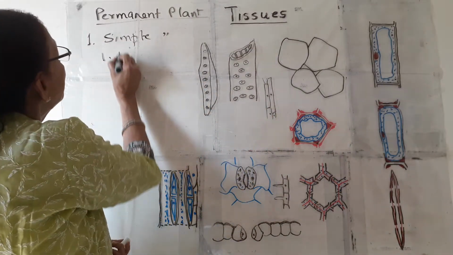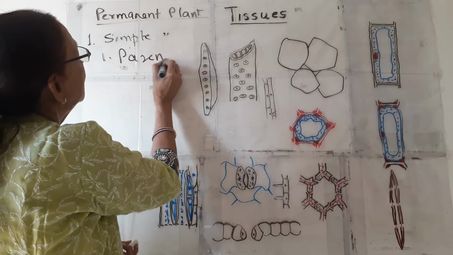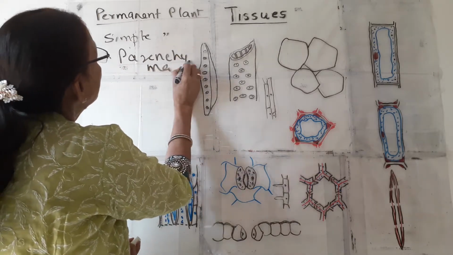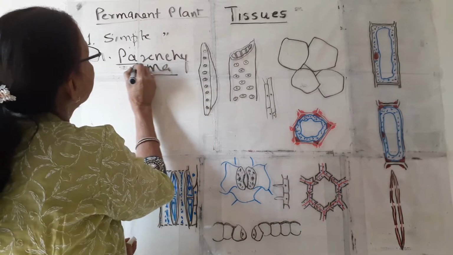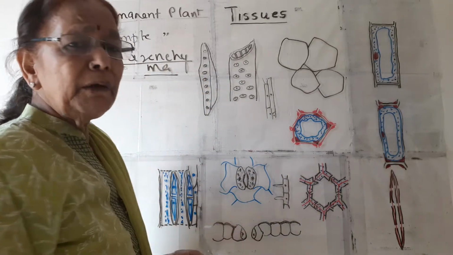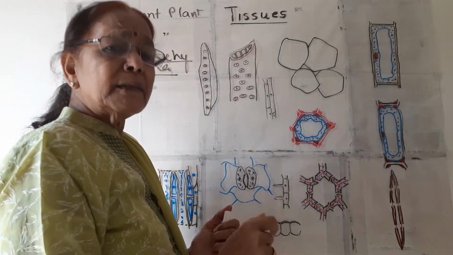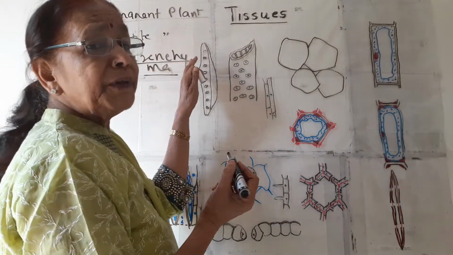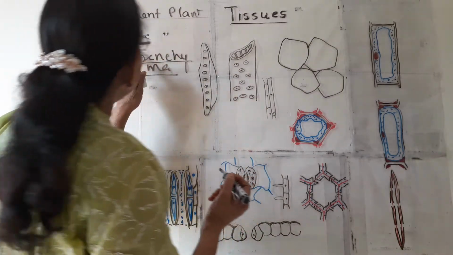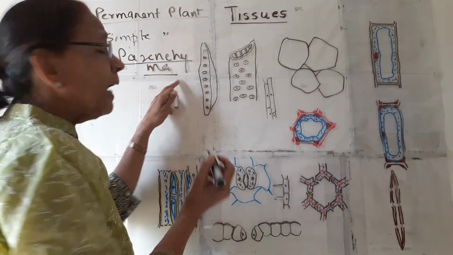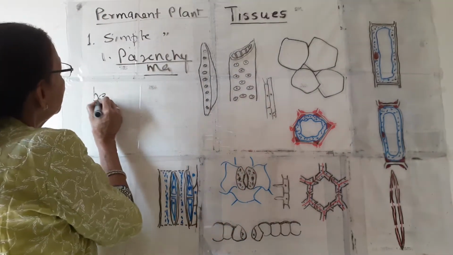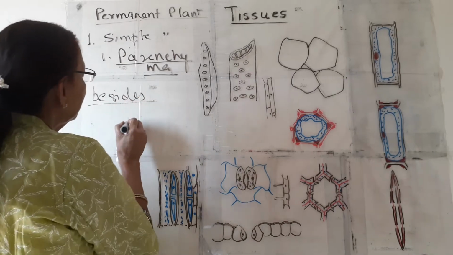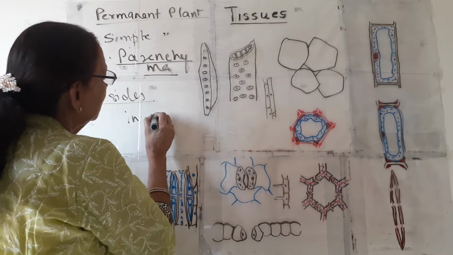First is parenchyma. This is the most simple one, derived from the meristematic cells, and the name is from two Greek words, paren and chyma. Paren means besides and chyma means in filling.